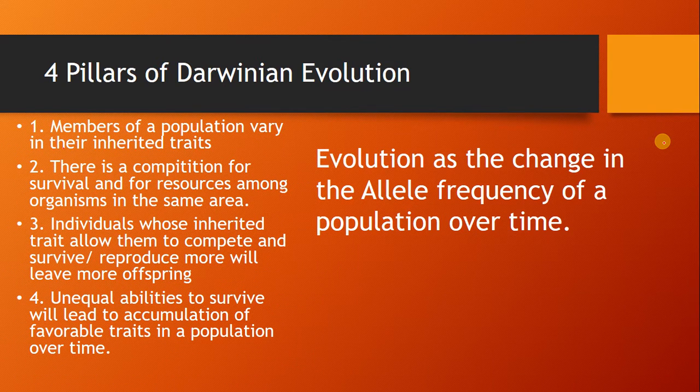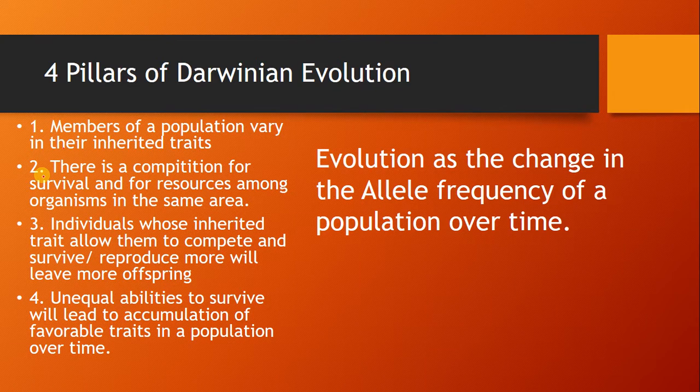So, in general, there are four things that Darwin uses as the basis of evolution. One, members of a population vary in their inherited traits. Not every member of a population has the same genetic traits. Then he said that there is a competition for survival and for resources among organisms that live in the same area. For shelter, for food, for water, for protection, there's a competition.